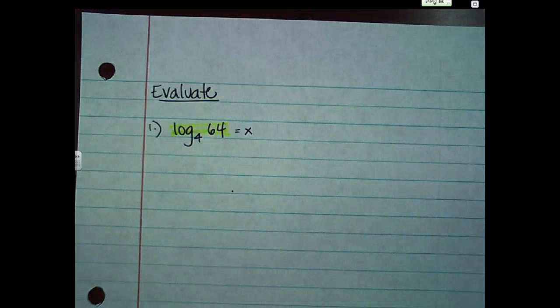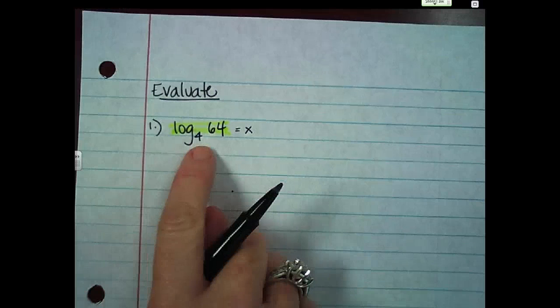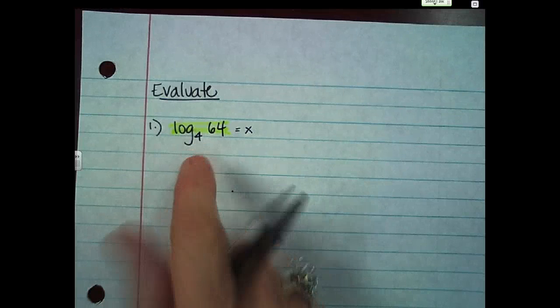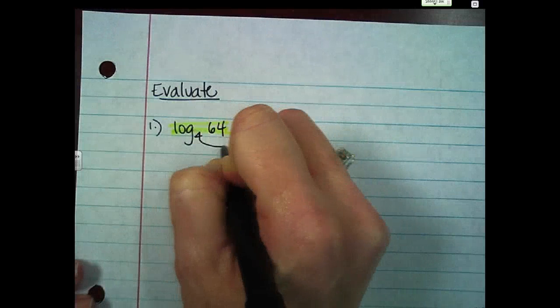But it didn't say solve for x. You should just kind of look at this. Like if I said what's 2 times 3, you're going to say 6. That's the same as this, okay? But what I'm technically saying is 4 to what power gets me 64?